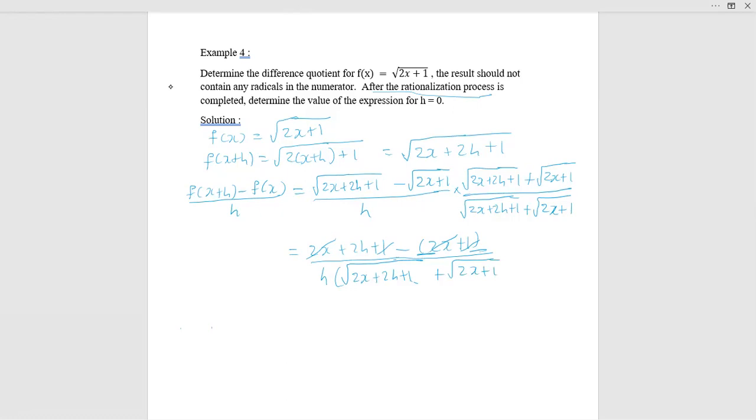Right. Now you write the same thing here. Then simplify this.